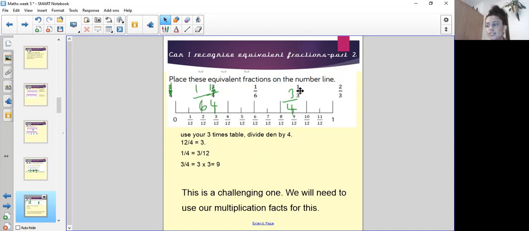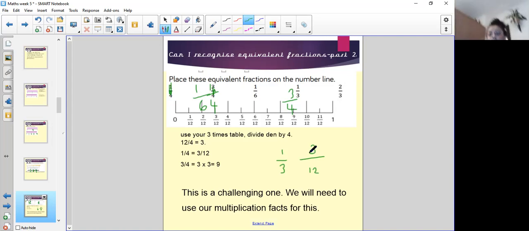Then we've got 1/3. Where would 1/3 be? So what do you do to 1/3 to find its equivalent? So we know that to get 3 to 12, we would have to times it by 4. So what we do to the bottom, we must do to the top. So 3 times 4 equals 12.